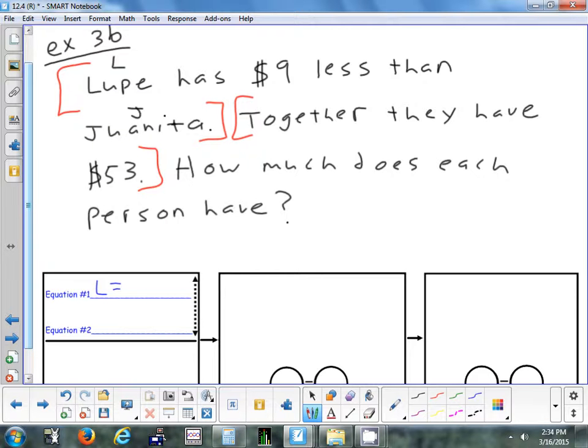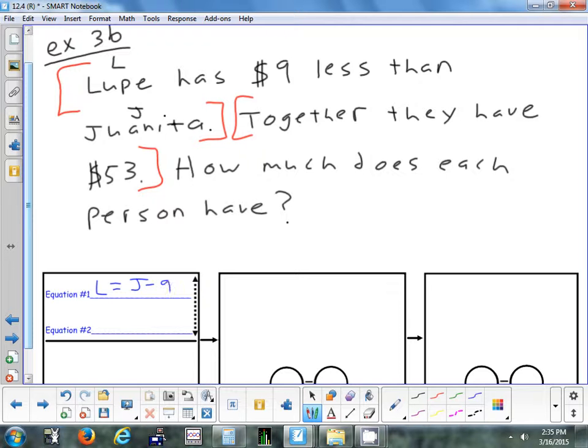Now be careful when you write the subtraction here. When you see 9 less than something, you got to remember to do something. So how would you write 9 less than Juanita? Think of it as Juanita's amount, J, decreased by 9. J minus 9.